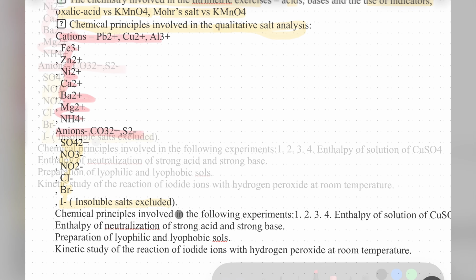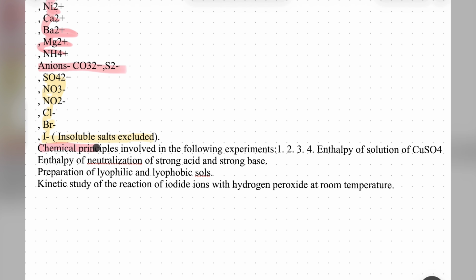Not included, actually, it is mentioned. Chemical principles involved in the following experiments. Experiment 1 is enthalpy of solution of copper sulfate. Experiment 2 is enthalpy of neutralization of strong acid and strong base.